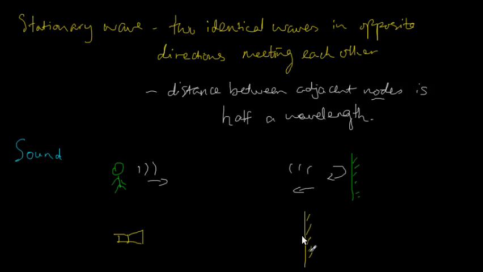So if that's a loudspeaker and it starts giving out a sound wave, and it goes to this hard piece of solid, the sound wave can get reflected. And when they meet each other, how do we know if there's a standing wave in between? The way is to maybe use a microphone.